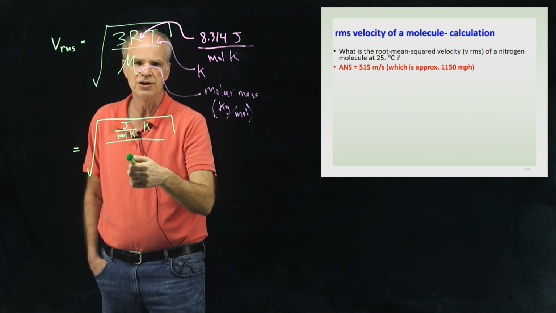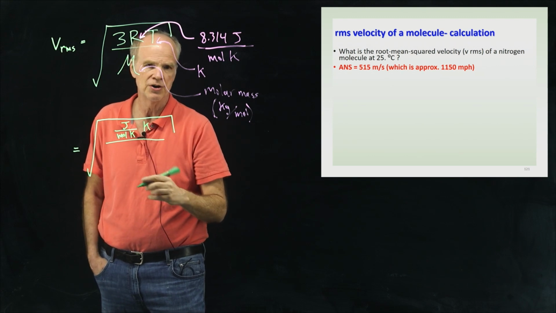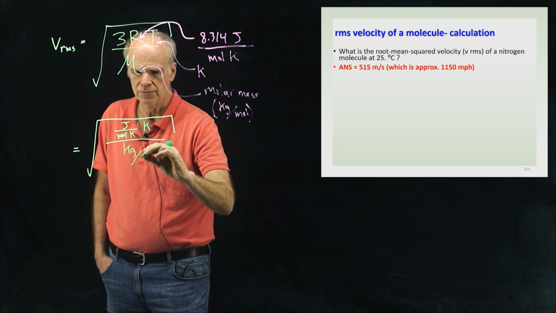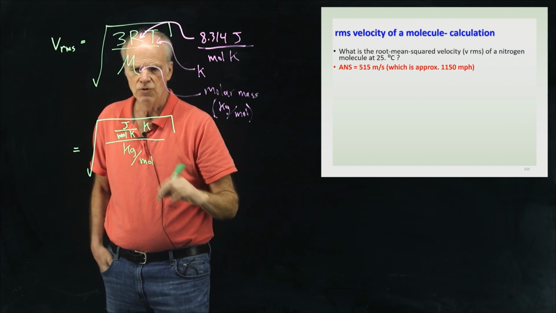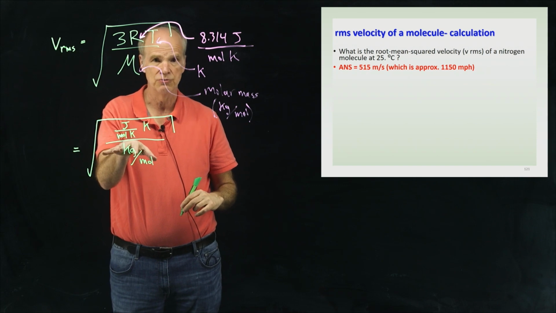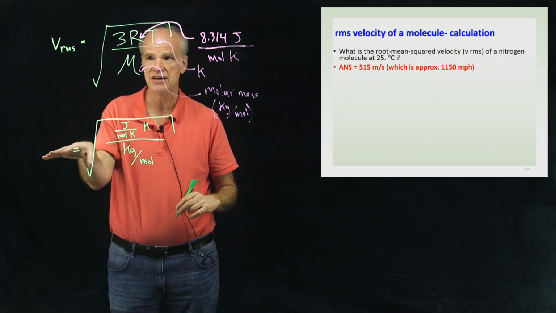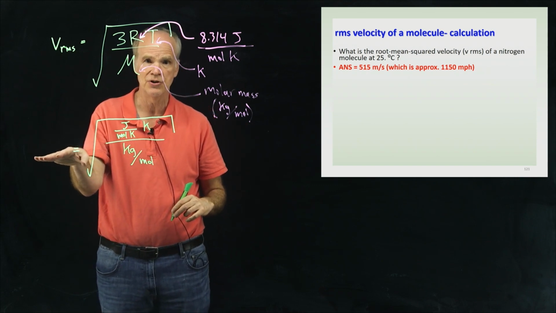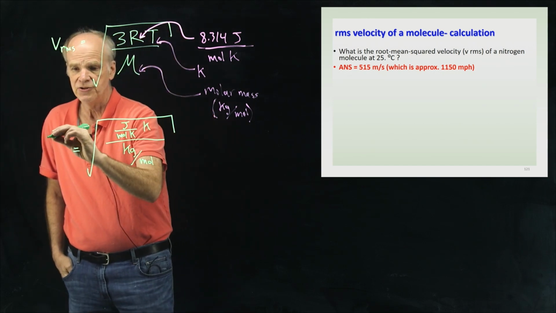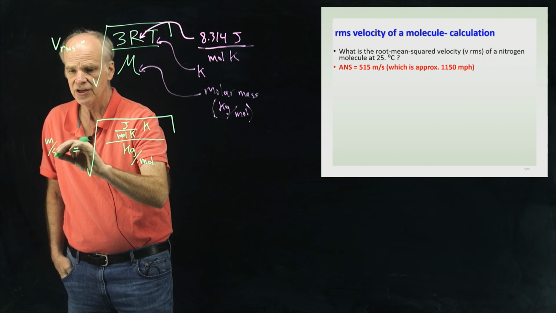And then in the denominator within the square root, we have kilograms per mole. What we hope is that these units in the radical will cancel out such that you're left with units that are good for velocity. The units we're hoping for would be meters per second.